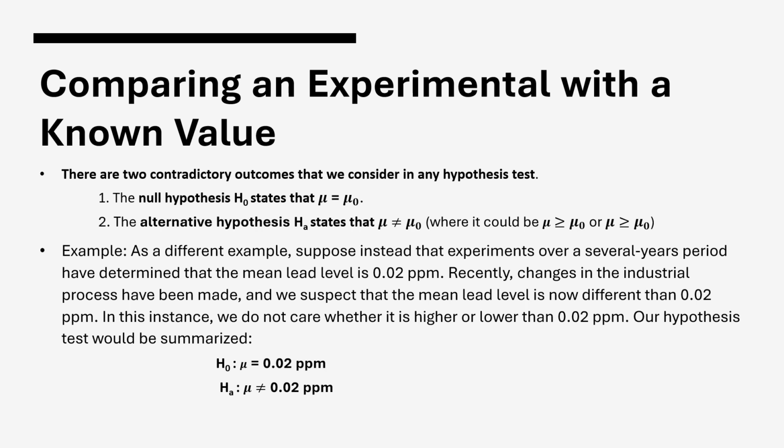Now, in case that you have a lead level equivalent to 0.02 ppm, in this instance, we want to determine if the lead is now different. Therefore, your null hypothesis is that your experimental population mean is equivalent to your known value, which is 0.02 ppm.